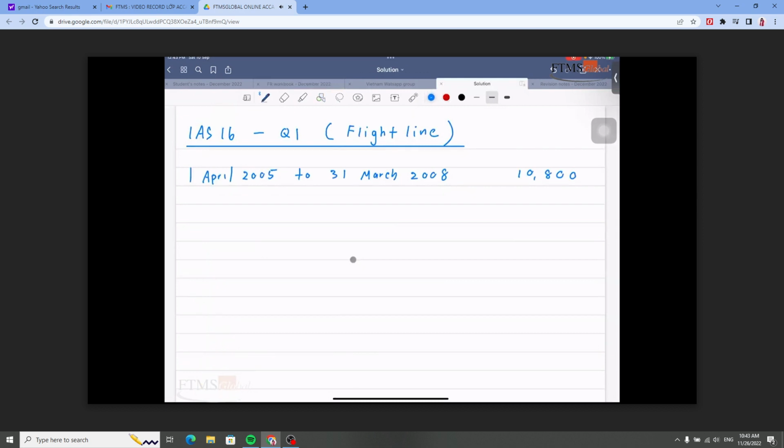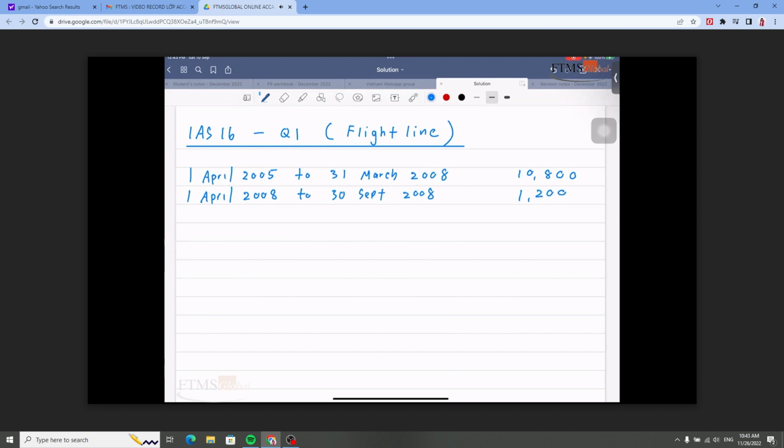From accounting period, 1st April 2008, the first 6 months, 6 months already calculated for you is 30th September 2008. The first 6 months is 1,002. Okay, first 6 months according to the question is 1,002. Then the subsequent 6 months.